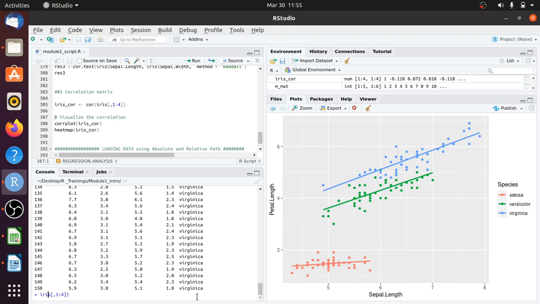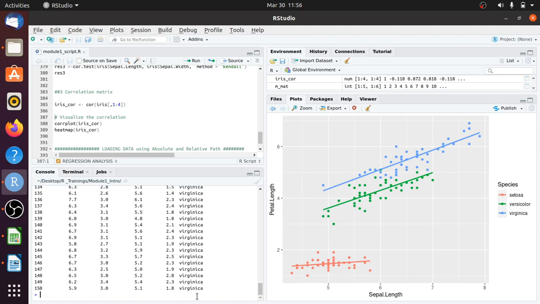I said iris, subset it. To subset it, you use the bracket. Now you can see in the first one there is nothing there. That is meant for the rows. Then I put a comma, and this is meant for the columns, and I said from column 1 to column 4 you should give it to me. That is what I have done there. I hope we get that.